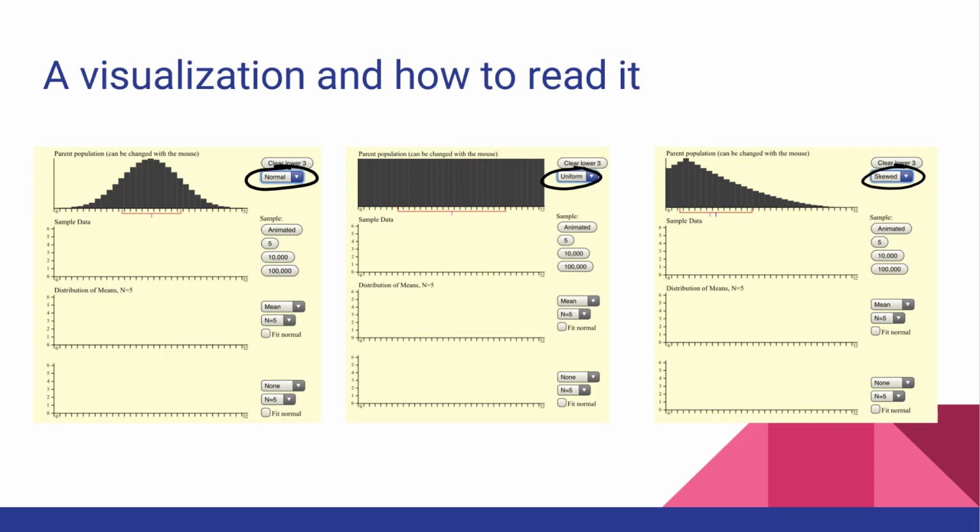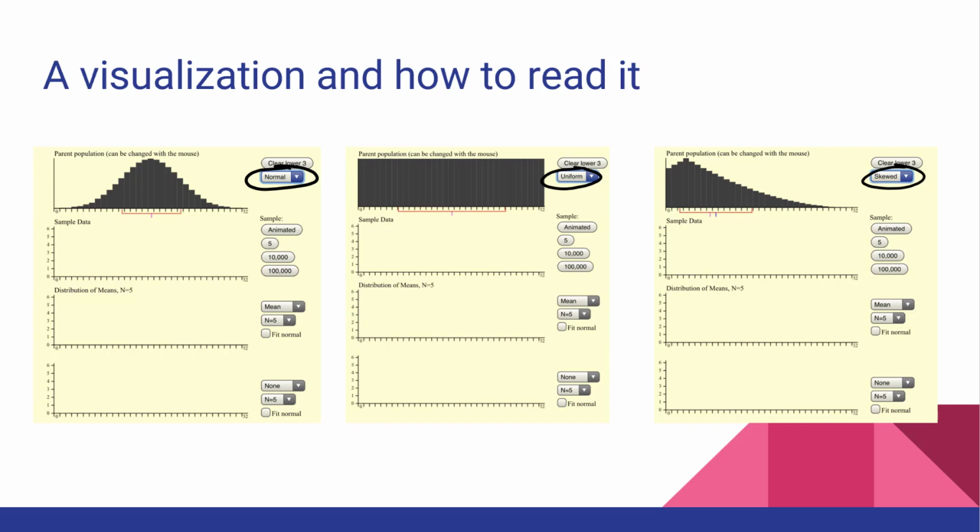The GPAs in a school could be normally distributed. That means it falls around a center value and is unimodal and symmetric. Or the school GPAs could be uniform. So there's the same number of people in each GPA value. Maybe 10 people have a 2.0, 10 people have a 2.1, 10 people have a 2.2, all the way up for all the GPA values.